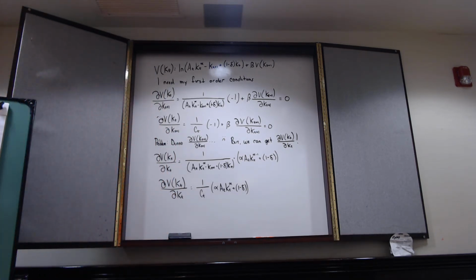All I did was just substitute CT back in for that resource constraint that I plugged in for CT in the Bellman equation up top. So this is what we got so far.